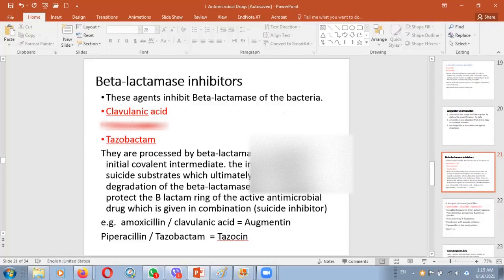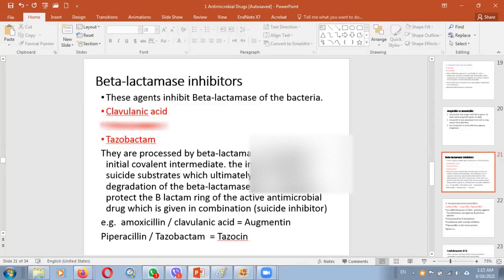Now we come to the topic of beta-lactamase inhibitors. What are these? These are agents that inhibit the beta-lactamase of bacteria. Beta-lactamase, as we said, is a mechanism of resistance for the bacteria. There are some agents that can inhibit this enzyme, which are clavulanic acid, sulbactam and tazobactam. These are processed by beta-lactamases to form an initial covalent intermediate.